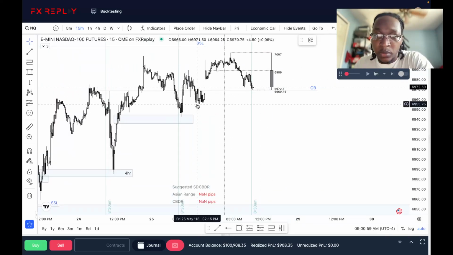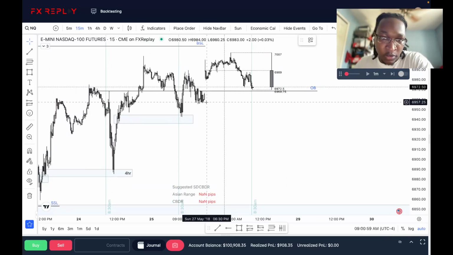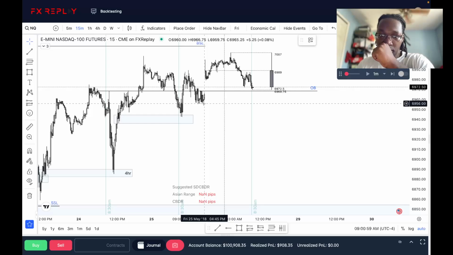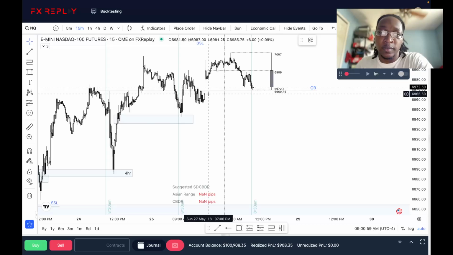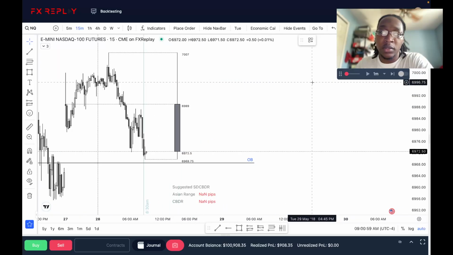Yeah, we have these lows underneath the gap, so that could be where price would want to go, if we fully fill this in, if we don't find support at it.